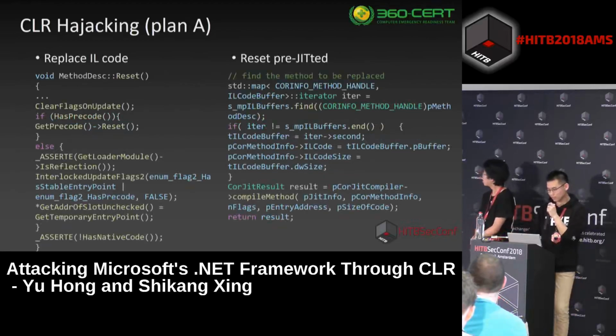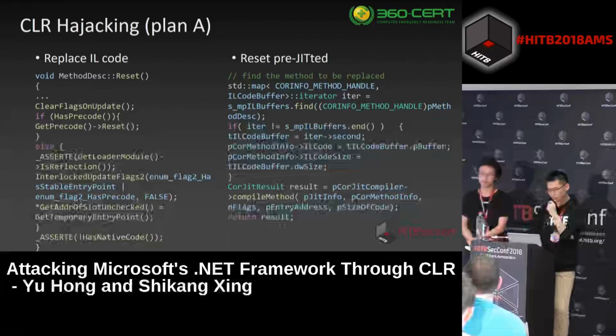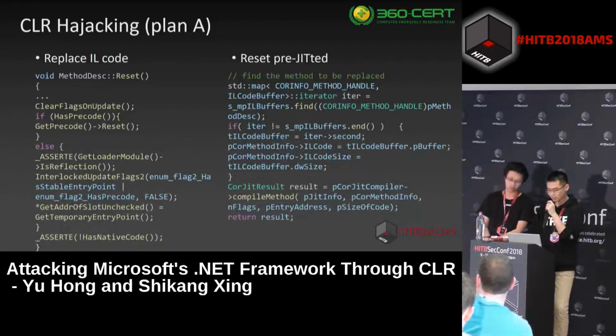And now we need to run our code before the compile method is called and restore the program execution status. Also, we need to make different versions for different .NET versions. This code is not unified.